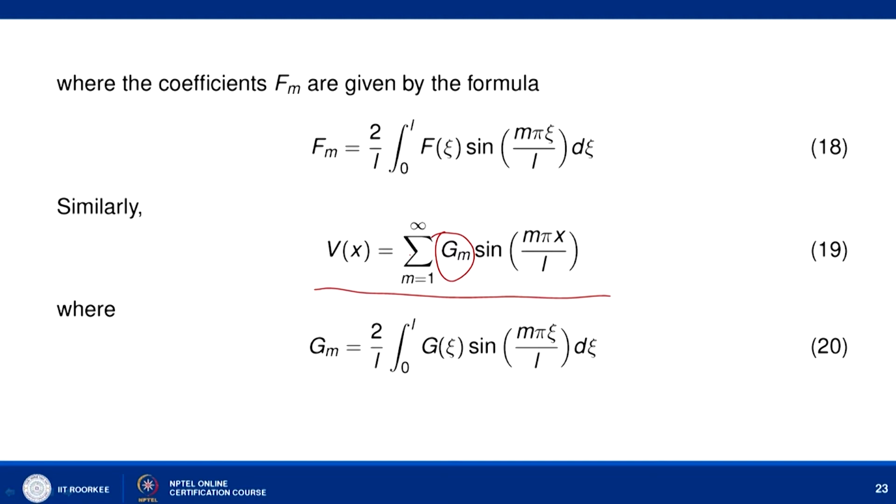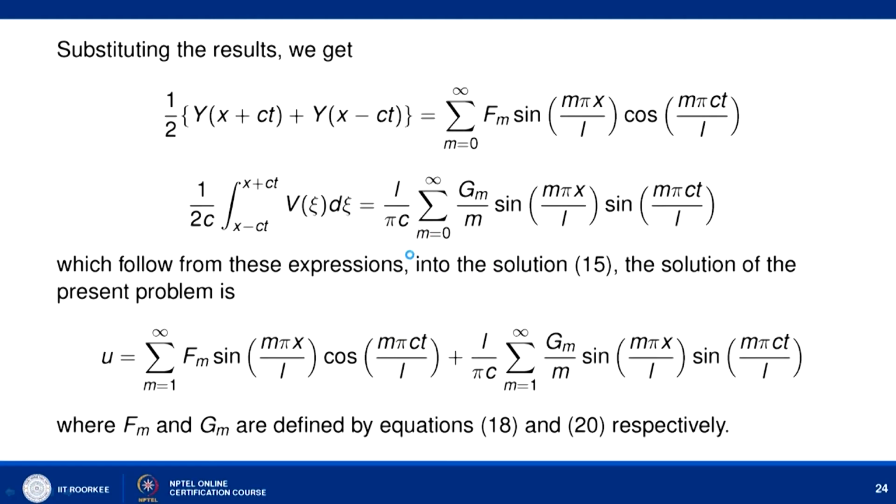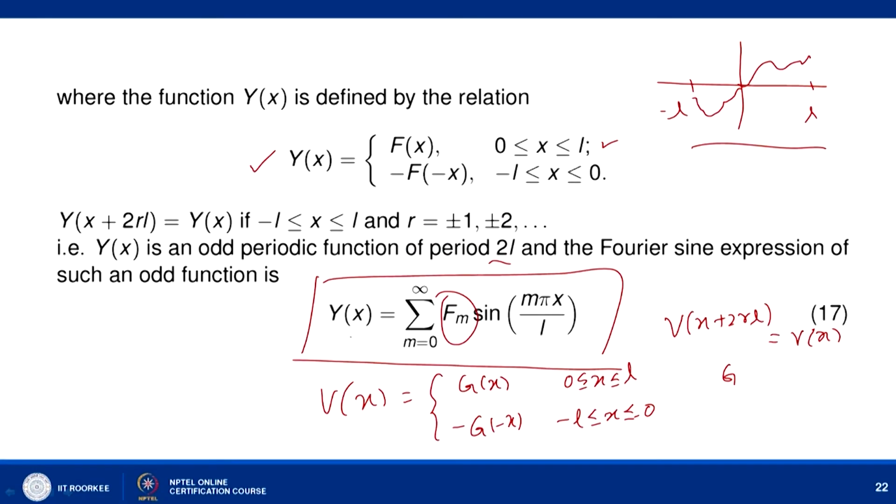So, if you remember the solution here, y of x is given by this. If I want to find f m, you just multiply by sin(n pi x by L).